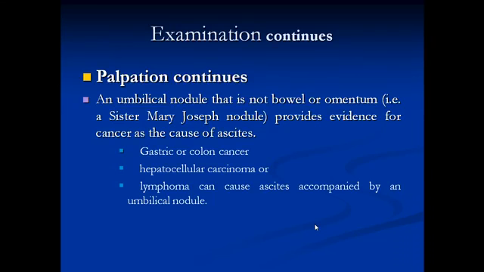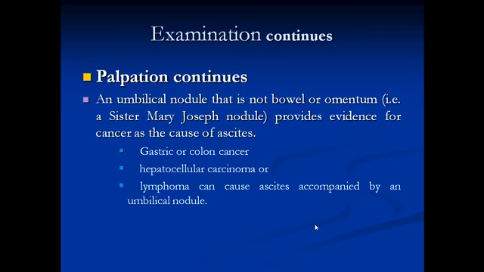An umbilical nodule that is not bowel or omentum, a Sister Mary Joseph nodule, provides evidence for cancer as the cause of ascites. So during palpation, we have to try to find out any Sister Mary Joseph nodule. The examiner will ask you what a Sister Mary Joseph nodule is. You should note it.